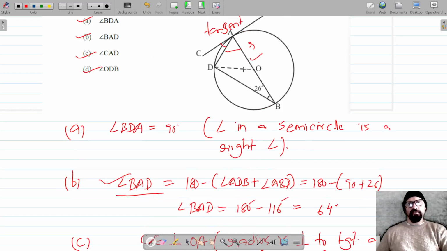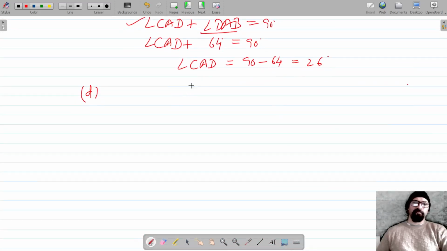ODB is here. This is angle ODB. Now OD is equal to OB, reason being they are radii of the same circle.